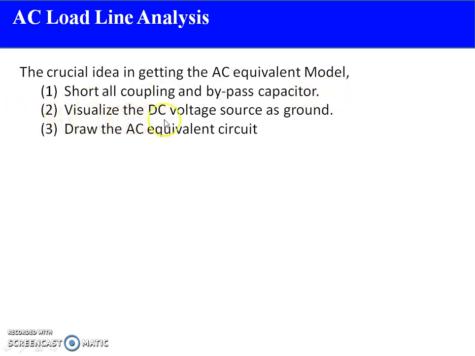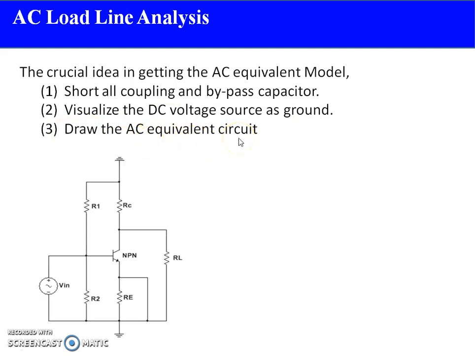Second, visualize the DC voltage source as ground. So VCC is my DC source for the given configuration, so that VCC source I need to make ground, and then draw the AC equivalent circuit model. So I replace all the coupling and bypass capacitors with short circuits, and I replace the DC source with ground.